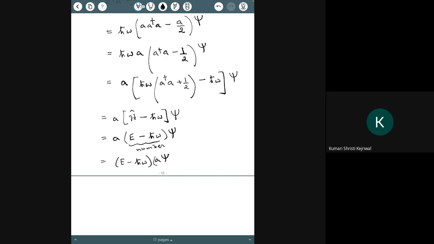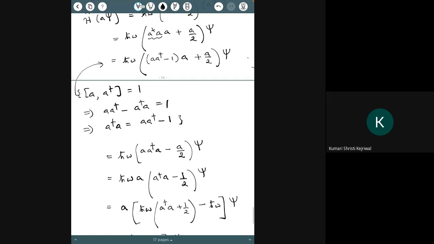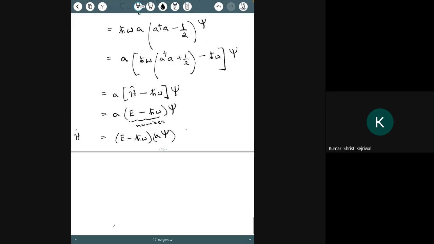Okay. So what did we get? So what was the left hand side? The left hand side was simply H acting on a psi. So if I have a function generated by the action of a on psi, then I have found out the energy of that function to be E minus h cross omega, psi.